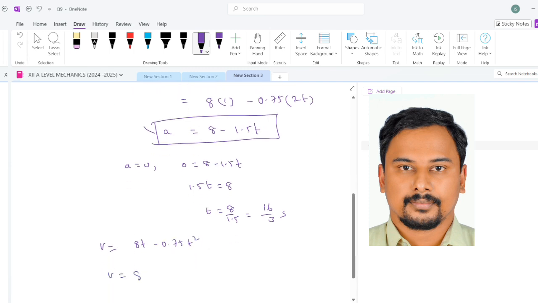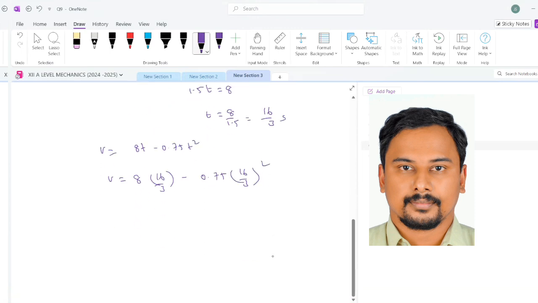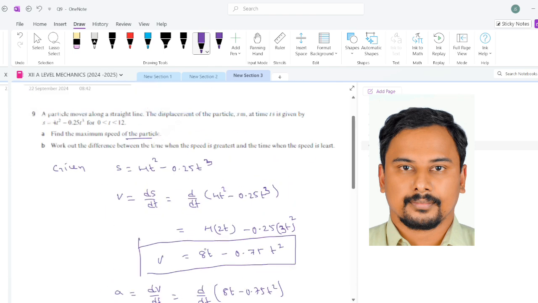So velocity equals 8 into 16 by 3 minus 0.75 into 16 by 3 whole squared, and simplify this. If you simplify using the calculator, we get 21.3. Therefore v equals 21.3 meters per second. So this is the velocity they asked for in the question.